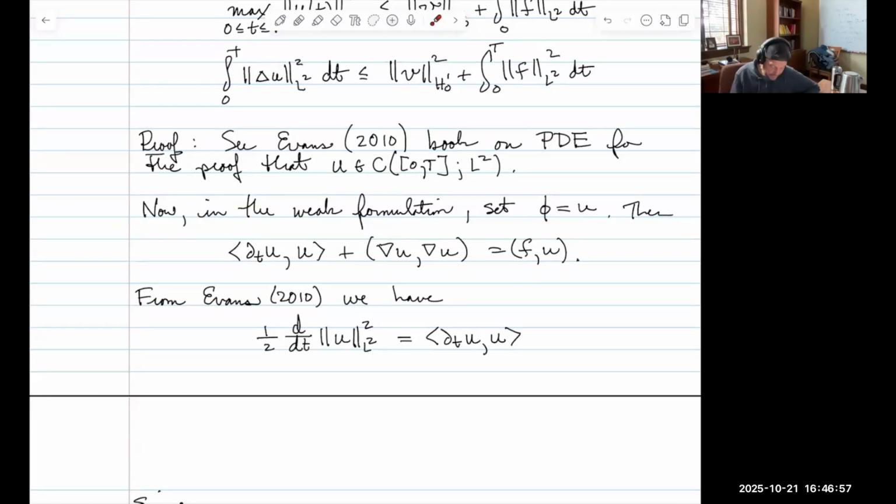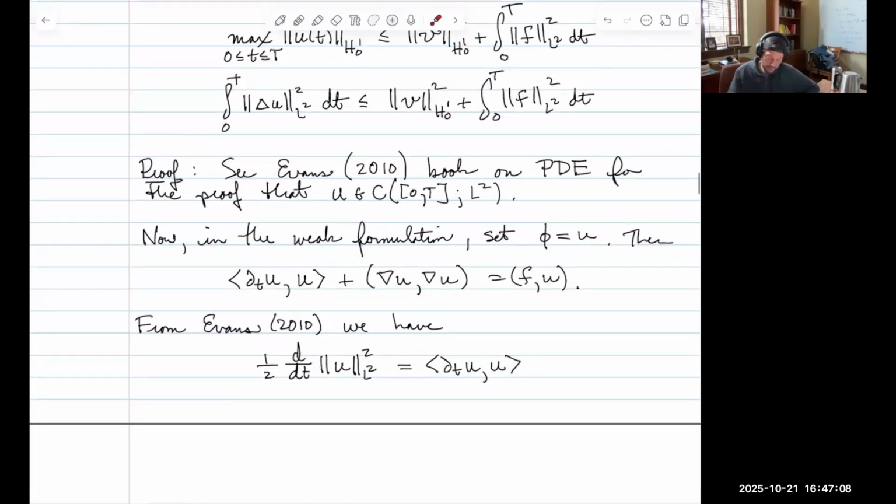Now, also from Evans, we're going to look at this term first. In Evans, it says that if you have this term here and you know that u is in L2(0,T; H01), and the derivative exists and is in the space L2(0,T; H minus 1), then this is actually differentiable.